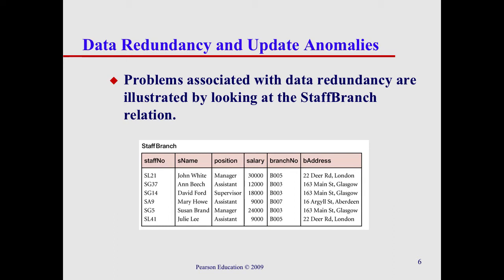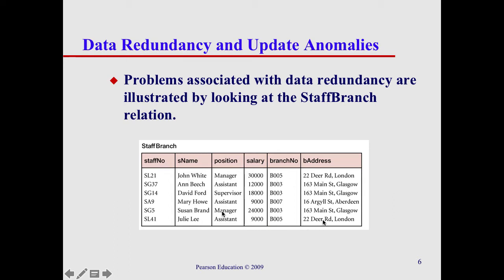But the problem is there's some data redundancy here. Can anyone give me an example of some redundant data that is in here? Branch address. Yep. So everywhere you see B5, you better be seeing 22 Deer Road.